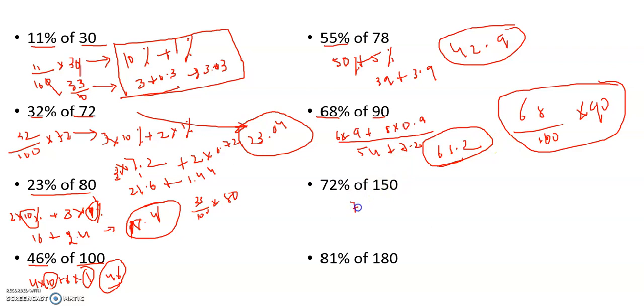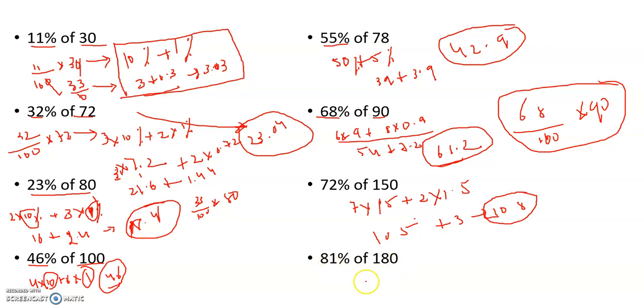Next, 72% of 150: 7 into 15 plus 2 into 1.5. 15 into 7 is 105, plus 2 into 1.5 is 3, so 108.